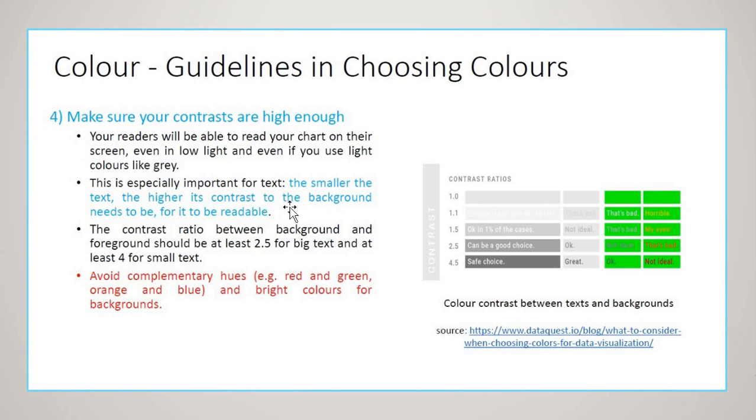The smaller the text, the higher its contrast to the background needs to be. Meaning if the letters are small, the contrast must be higher. Okay, the contrast ratio between background and foreground should be at least 2.5 for big text and at least 4 for small text. So you can see that for small text it needs to be 4, its level of contrast. Okay, you can compare here.